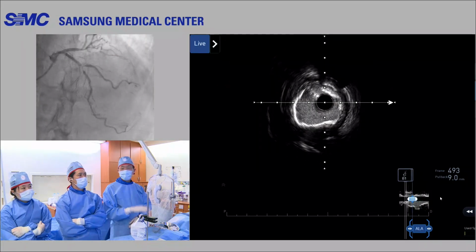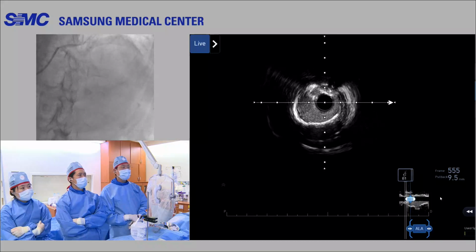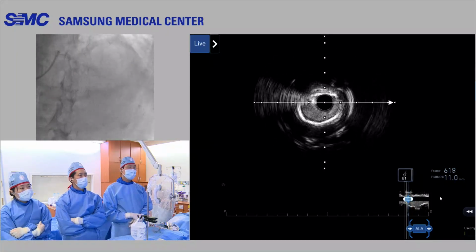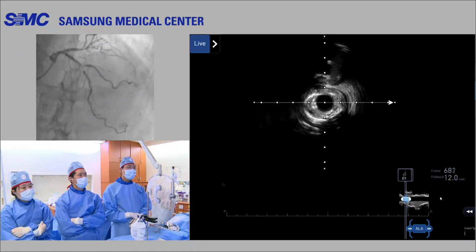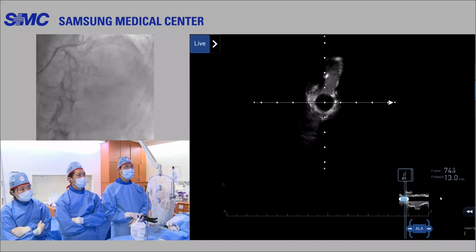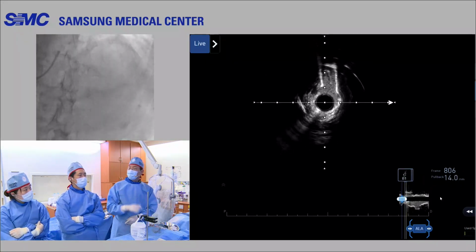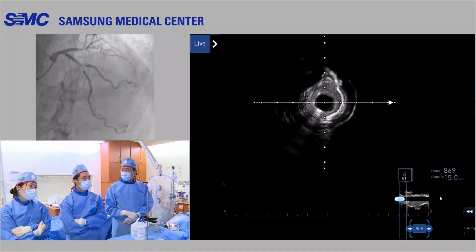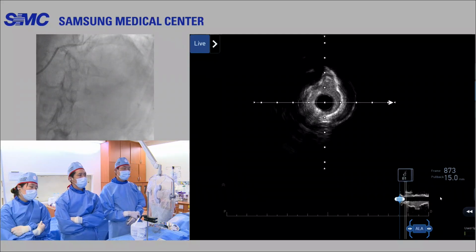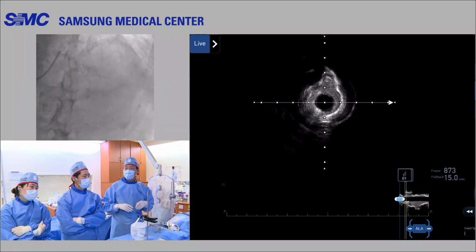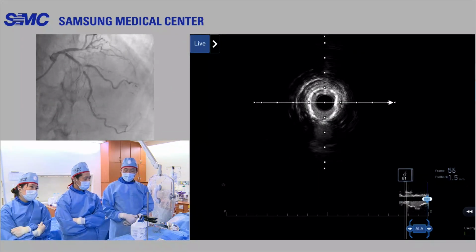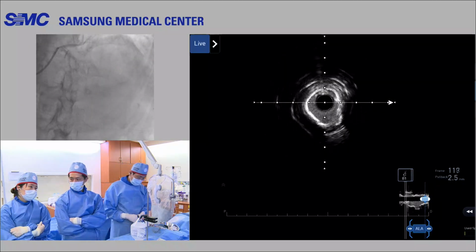And surprisingly, this is superficial calcium, right? Not deep calcium. This patient is CKD, but this is the ostium of the diagonal. Very short, about 1 or 2 millimeters, tight stenosis. Hopefully, we can treat this lesion with a cutting balloon. I don't know.